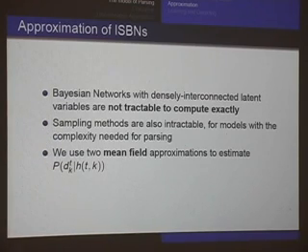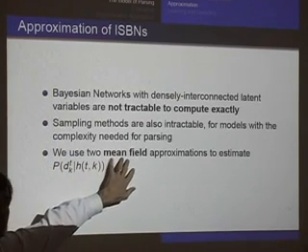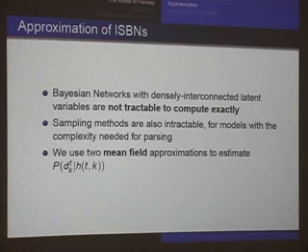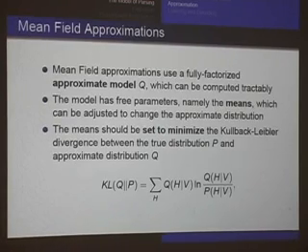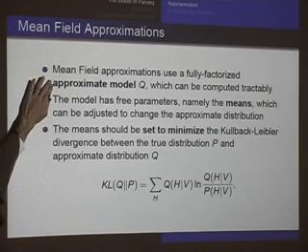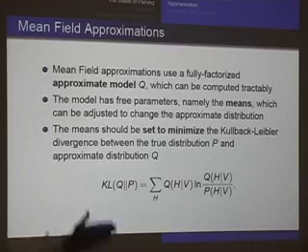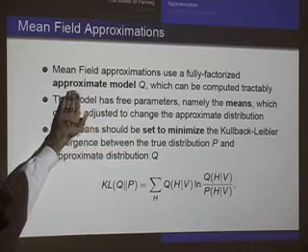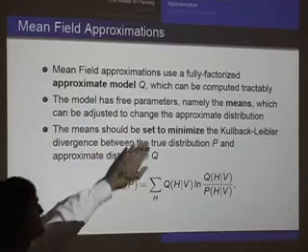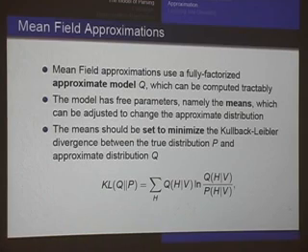But so far, we've looked at mean field methods. Mean field is a variational method. We have an approximate model that we define. In mean field, it's a fully factorized approximate model, which we choose because it can be easily computed. We can do inference in that model tractably.